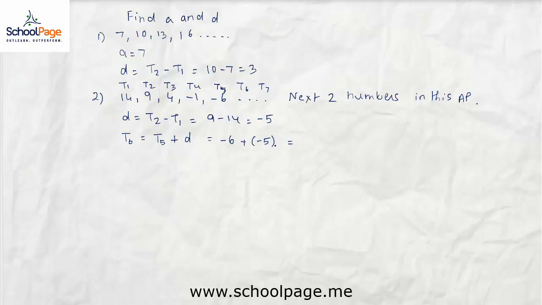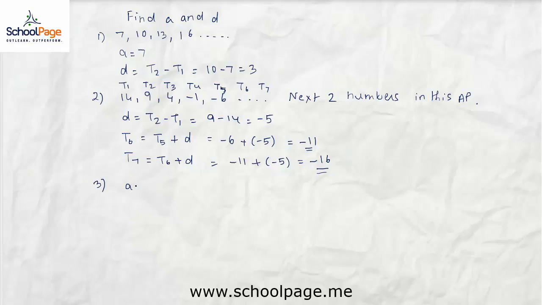So the answer is -11. Let us look at the T7 term, which will be T6 plus D. T6 is -11 plus -5, which is our D. So it will be -16. So the next two numbers in the AP are -11 and -16.